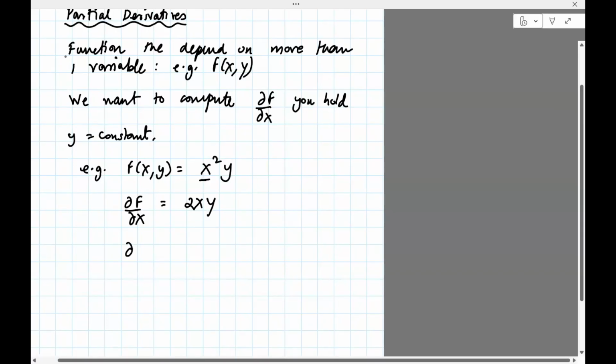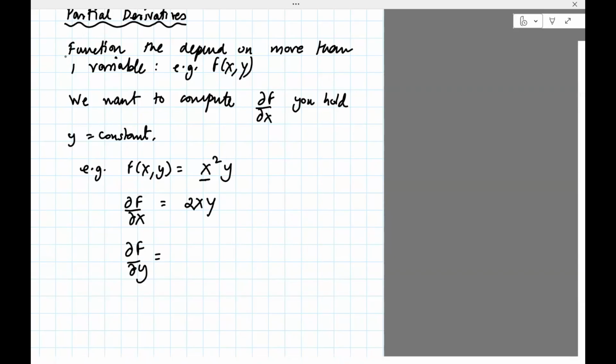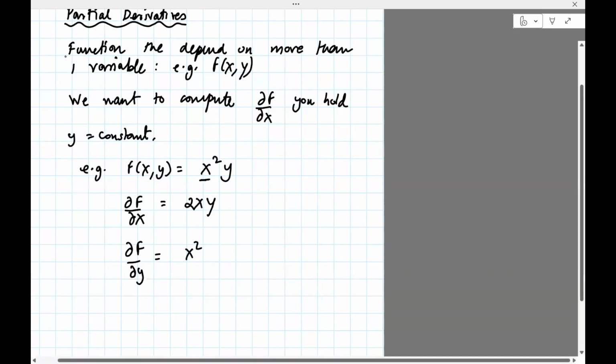And then if you want to compute df dy, you do the exact reverse, which is you hold x constant and take the derivative with respect to y. So here, x squared is a constant, and the derivative of y with respect to y is just 1. So this would be your partial derivatives df dx when the function is given as an analytical formula.